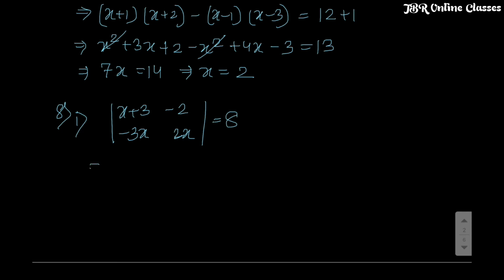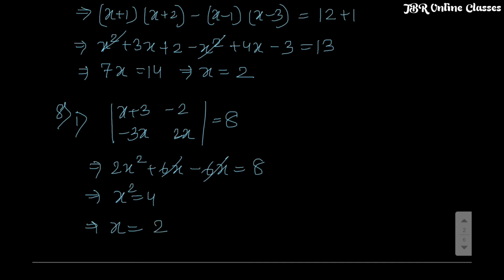Very easy problem, cross multiply: it will be 2x square plus 6x, and the other term is 6x again. Since 3x into 2 is 6x, the 6x cancels out, so x square equals 4, and from that x equals 2, or you can write plus minus 2 as your answer.